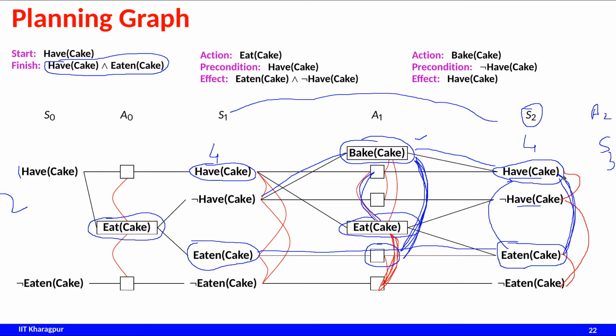At that point we stop, and if we cannot find a plan for that situation, then we say that it is a failure.